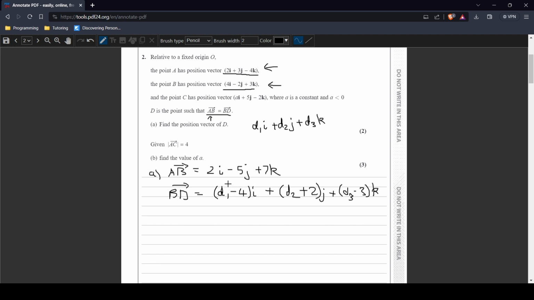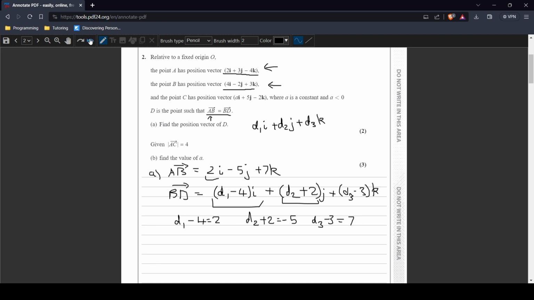Now AB is equal to BD, so then we can set up simple equations. D1 minus 4 is 2. D2 plus 2 is equal to minus 5. And then D3 minus 3 is equal to 7. So just matching up this with this, this one with this one, and then this one with this one, all component wise.